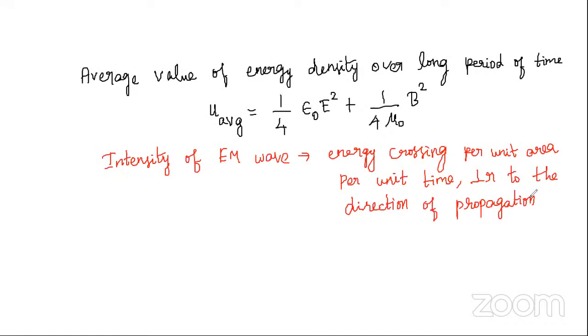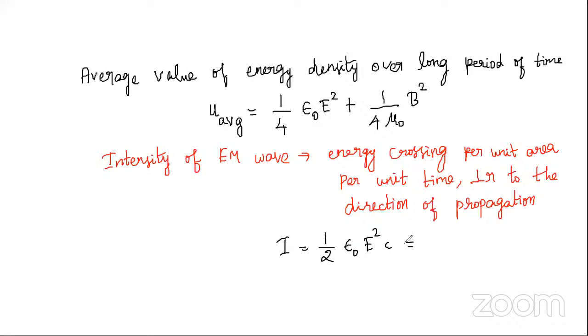So I is equal to half epsilon naught E squared c, where c is the velocity of EM wave, small letter c.